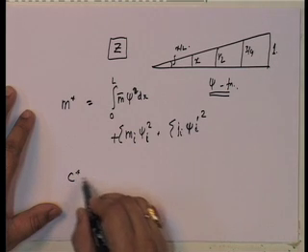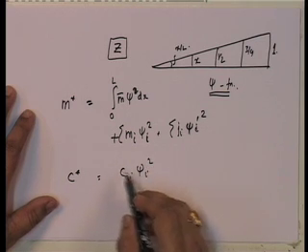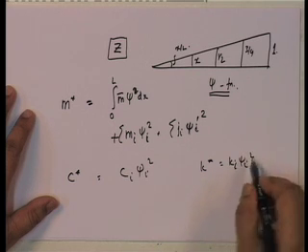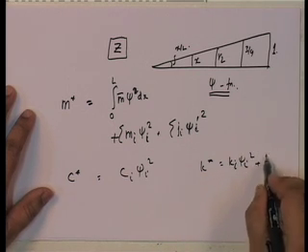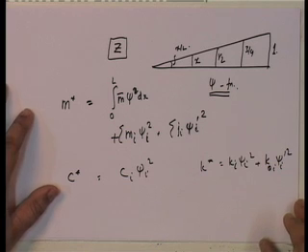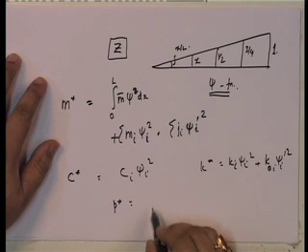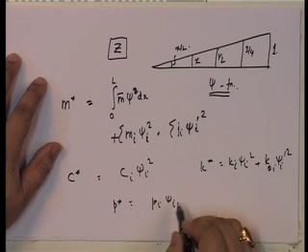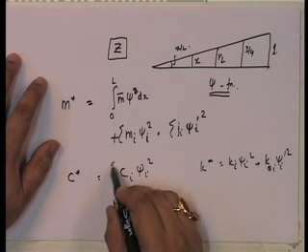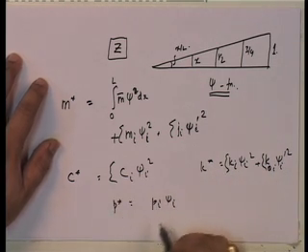Okay. Similarly, c star is going to be equal to c I into xi I squared, k star is going to be equal to k I into xi I squared. If I have a theta, if I have a rotational spring, this is going to be equal to xi prime I squared, the slope, and p star is equal to p I into xi I. If there is a specific load multiplied by this, these are all summations, summed up over all the things.